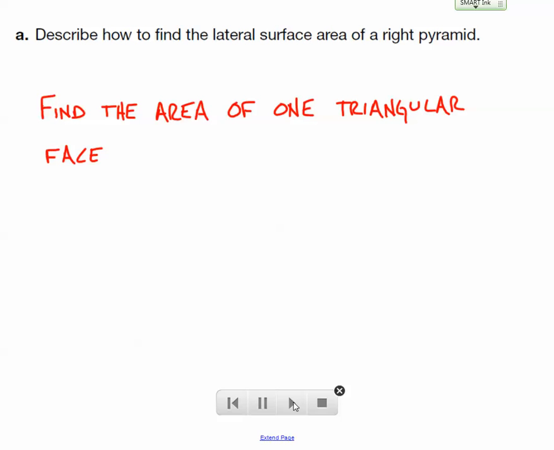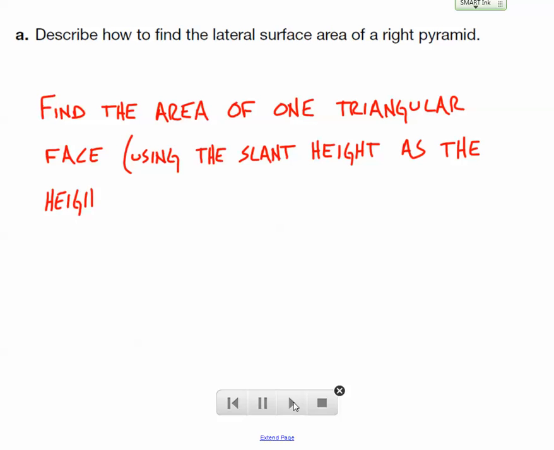So find the area of one triangular face, using the slant height as the height of the triangle. Then you would multiply that area by how many faces there are.